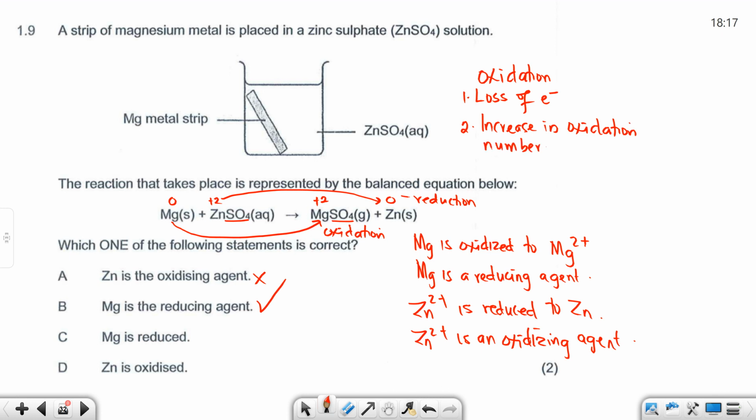And definitely the opposite would be reduction. What is reduction? Gain of electrons. And number two, it's a decrease. And I hope everyone can calculate oxidation number. You will be told to calculate that definitely.